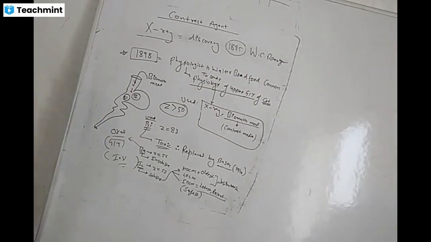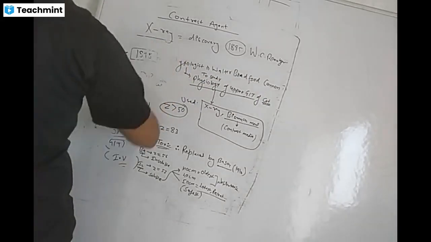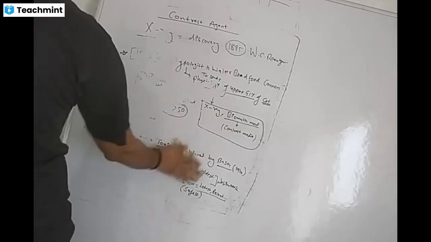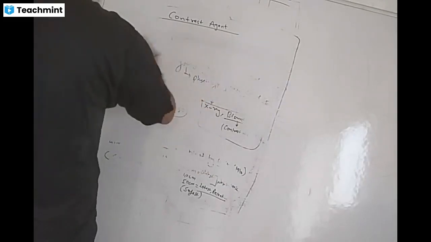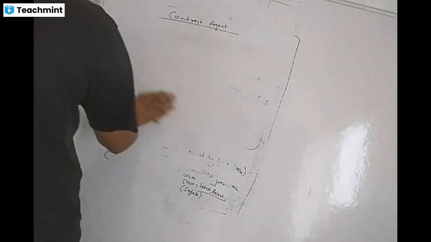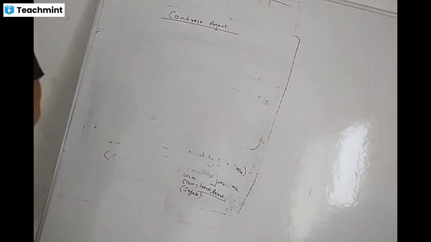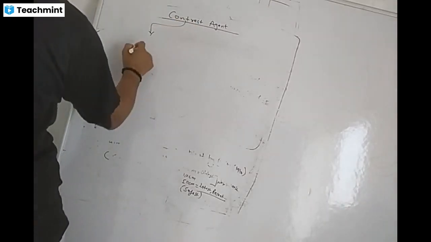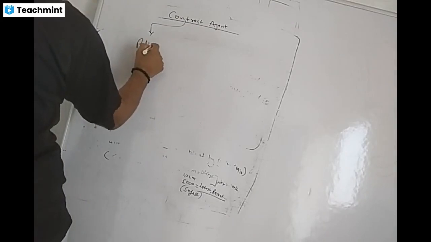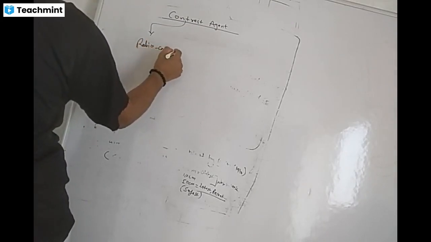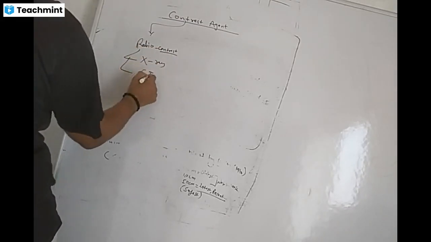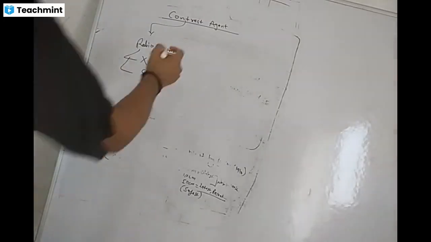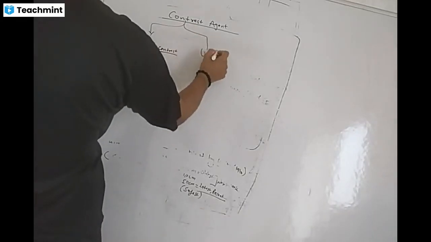With this small history and sequence, we will see that contrast agents are of three types, based on where they are used. First, radio contrast agents, which you can use in X-ray or CT scan. Second, ultrasonography.